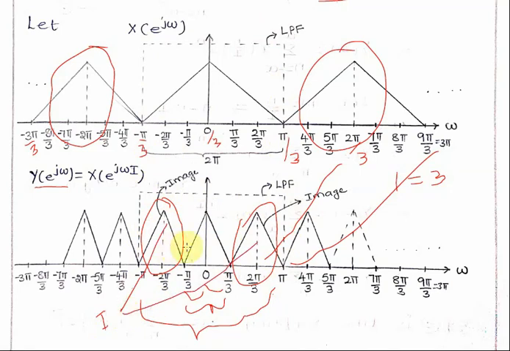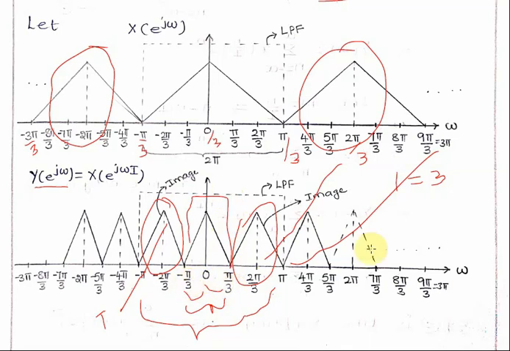We need to eliminate the images. To eliminate the images, we need to use an anti-imaging filter, that is a low pass filter whose bandwidth must be minus pi by 3 to plus pi by 3.